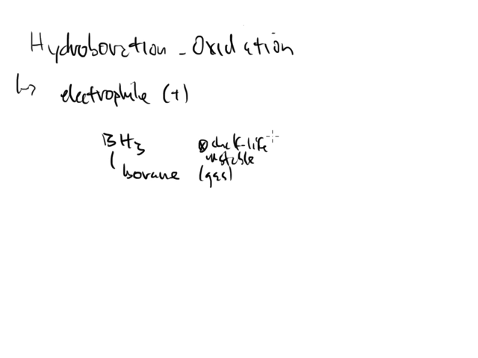So borane is going to be the electrophile of this reaction. However, there are going to be some other things involved in the reaction as well. This is going to be step one here. Yep, it's another two-stepper. So we allow borane to do what it needs to do, and after that process happens, this is the electrophile step.